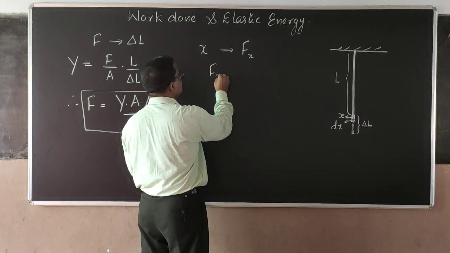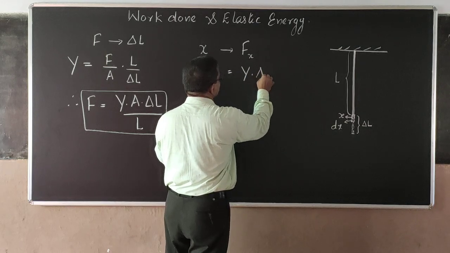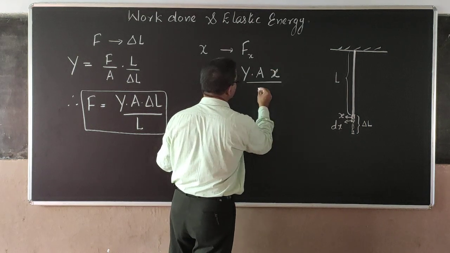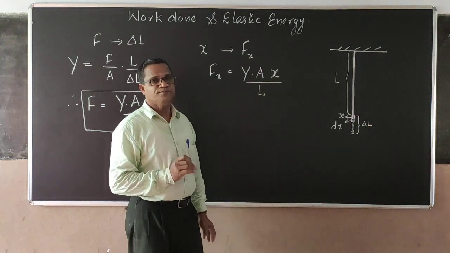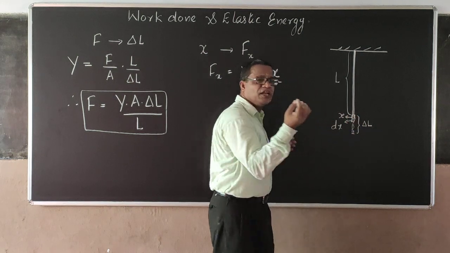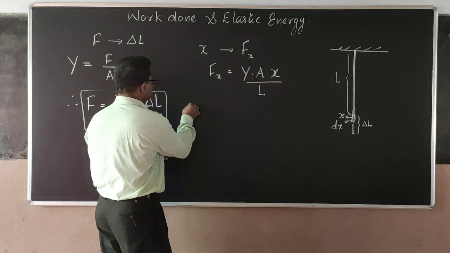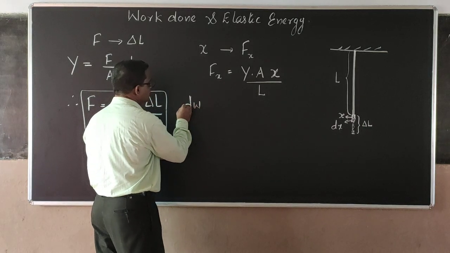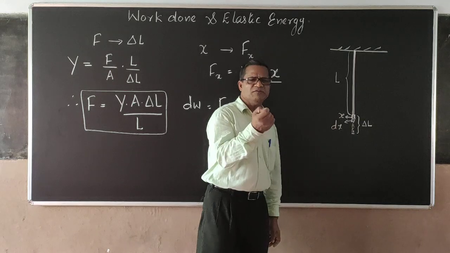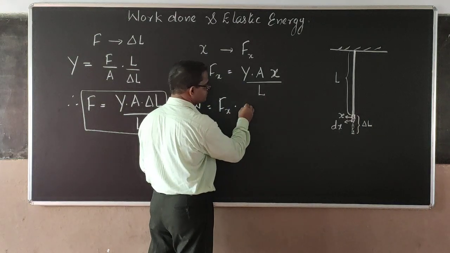Therefore, Fx will be equal to Y into A into, instead of delta L, x divided by L. Then, if I consider a little more elongation, a very, very small elongation delta x, then the small work done dW will be equal to force Fx into dx, because this dx is so small that the force remains almost the same.